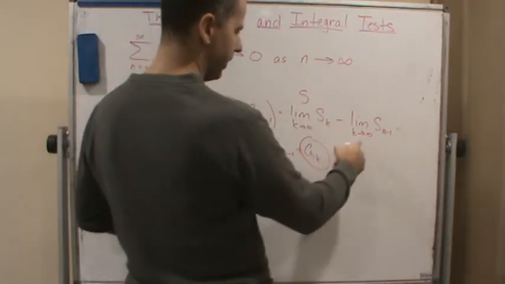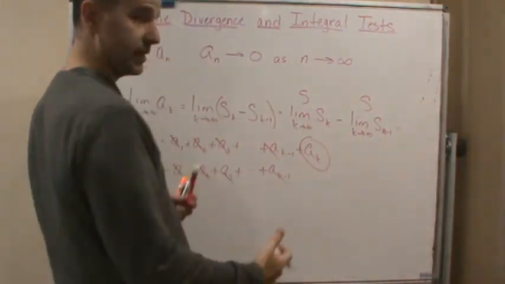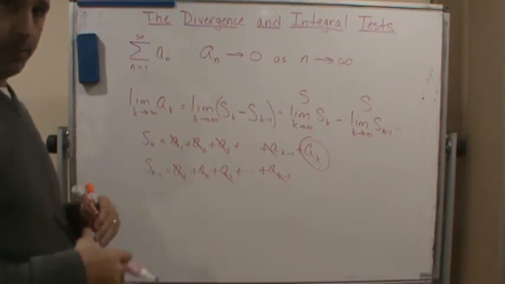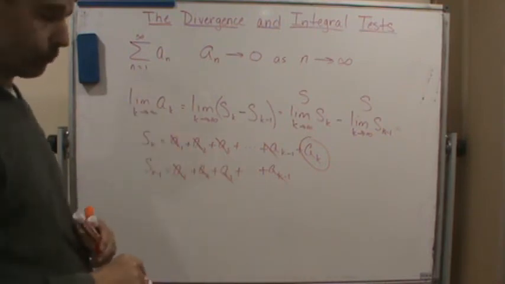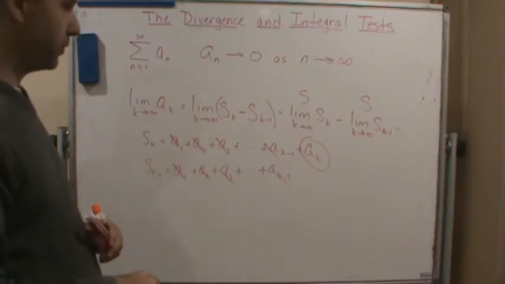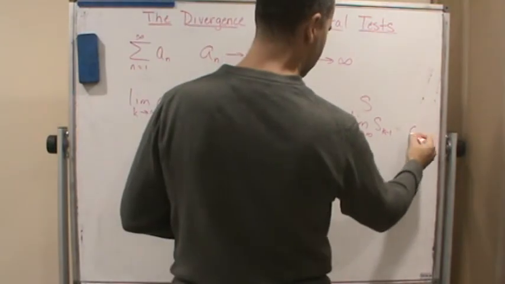And so this limit will also approach the same limit because, again, it's the same sequence, just different positions or starting points, if you will. So then we get s minus s, which is 0.